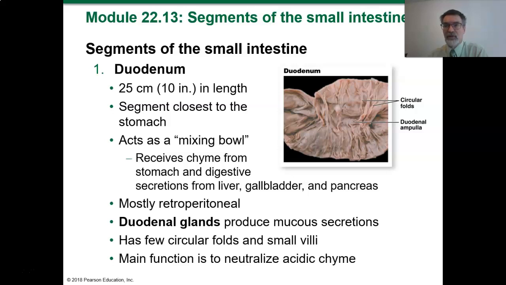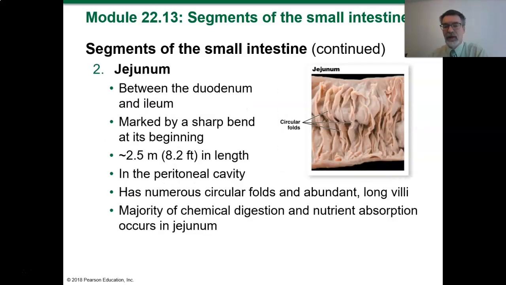We have begun a little bit of starch digestion in the mouth, done some protein digestion in the stomach, but here we're going to receive that mechanically broken down, partially chemically digested food, and start breaking it down with pancreatic secretions and the gallbladder, which is associated with the liver secretions, to help digest our fat and other components of our food. Also a lot of bicarbonate ions are being produced in here that can help neutralize the acid of the stomach.